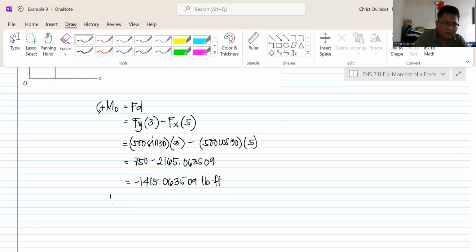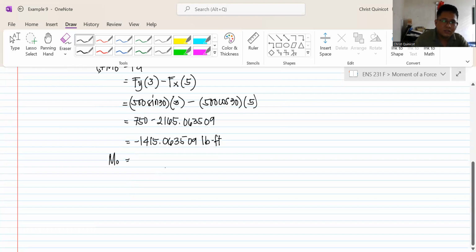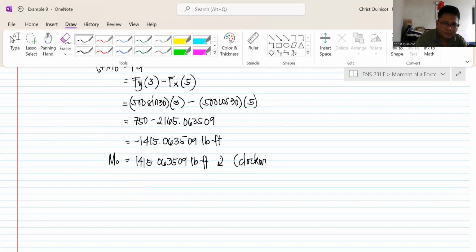And we write our final answer following its correct sense or direction: 1415.063509 pound-feet, and that is clockwise, or we write the word clockwise. Now, this is our answer.